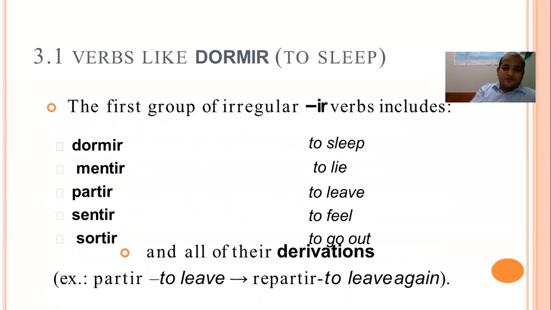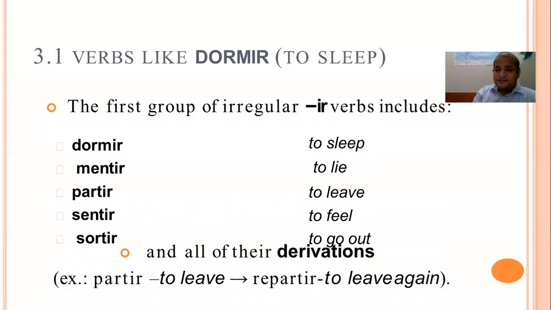The first group of irregular IR ending verbs includes the verb dormir, which means to sleep, mentir, which is to lie, partir, to leave, sentir, which means to feel, and sortir, which means to go out.